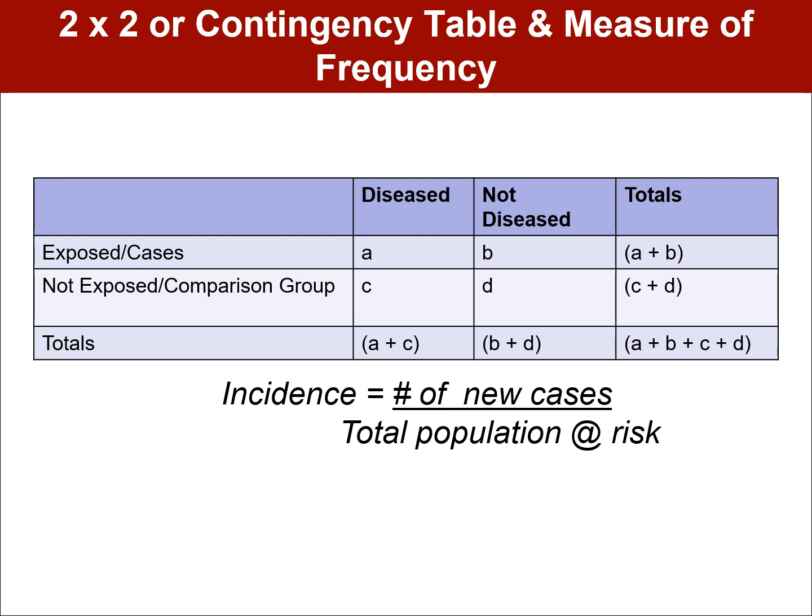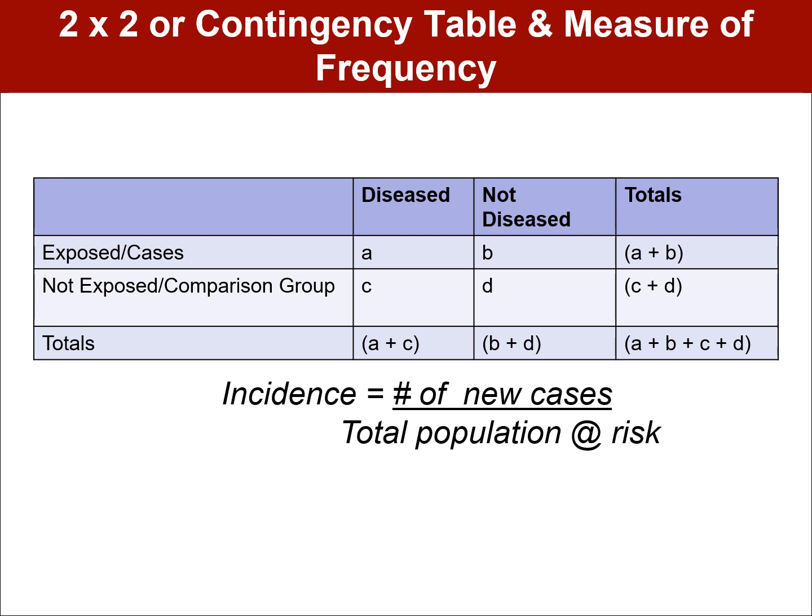Although I still set it up the same, like I stated, the way you put your A, B, C, D is dependent on how you label this table. If you were to choose to put your disease and non-disease as the rows, and the exposure status and comparison group as the columns, just make sure you flip the A, B, C, D that way so that you're sure that it corresponds.